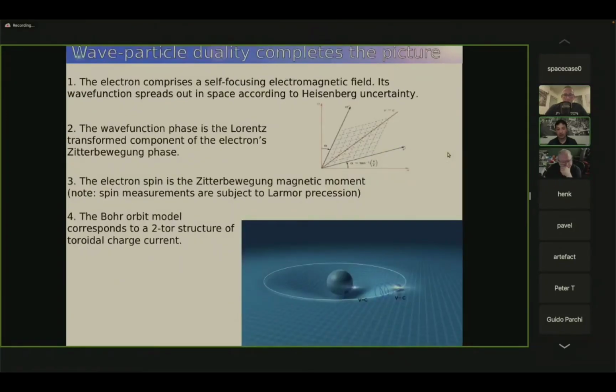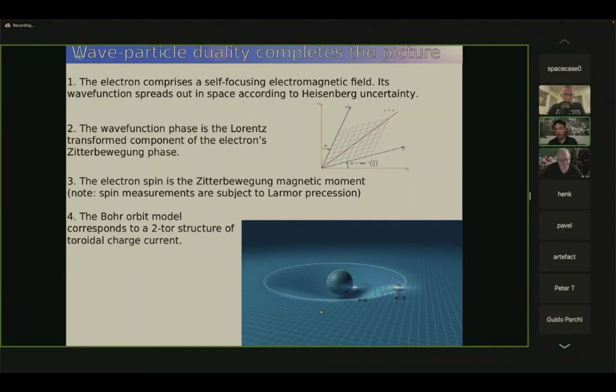So let's go back to that slide. So the Zitterbewegung motion is this toroidal motion, this circular motion that you see here. I hope you see my mouse. So this blue cork-like line is the Zitterbewegung motion, and you can also see here in the illustration two electrons with two energies.